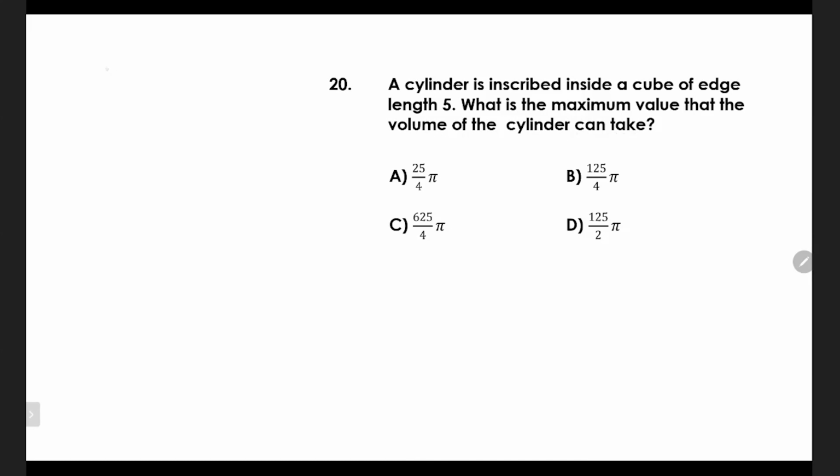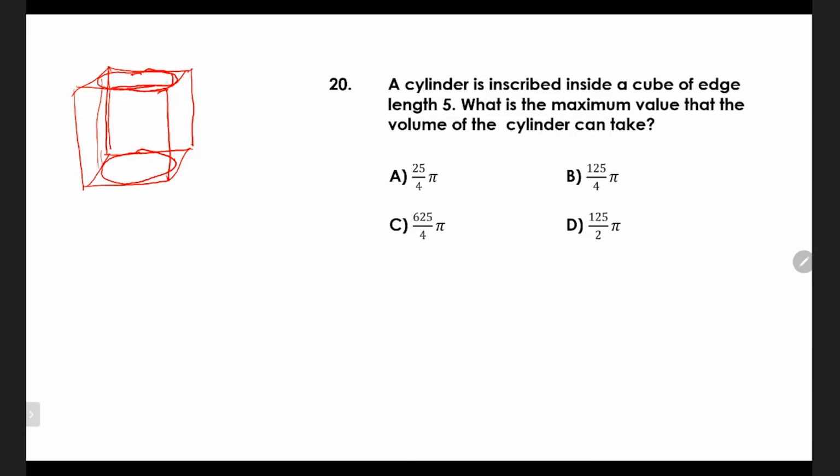See, it is a cube, right? It is like this. For maximum volume, the cylinder should touch all four sides like this. Here also it should touch all four sides.